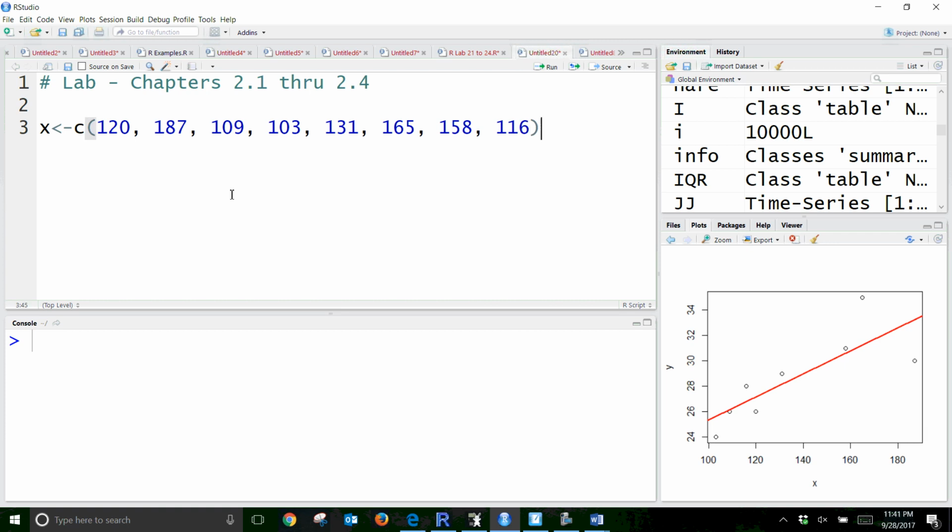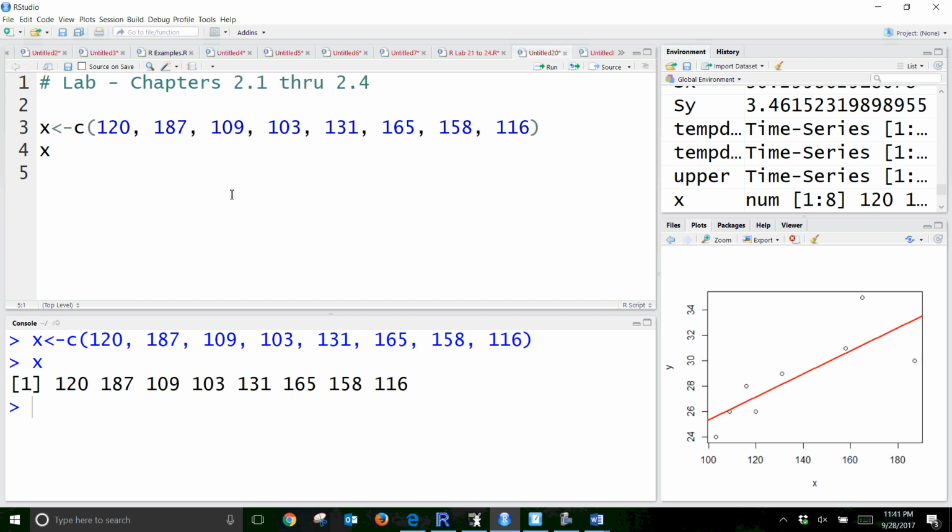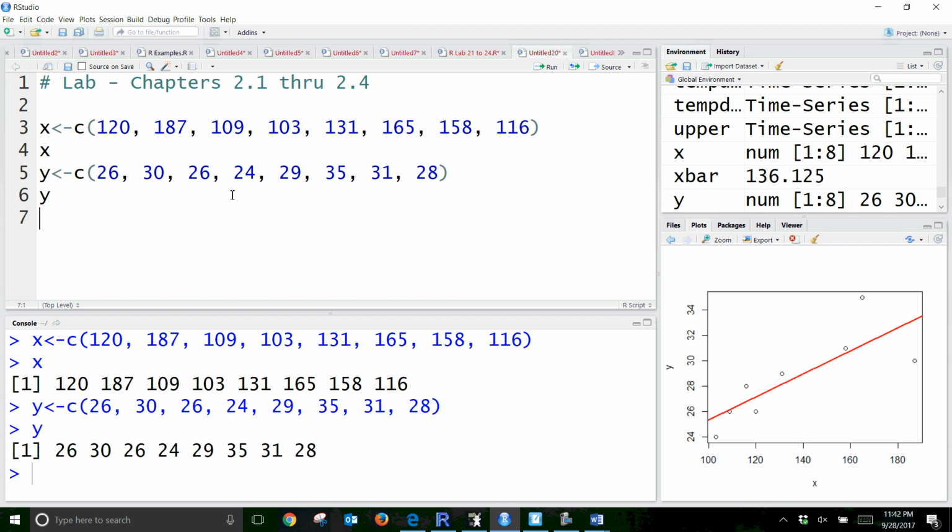Okay, go ahead and enter those in. And then next we'll put in our y for backpack weight. Okay, we'll go ahead and enter those in and take a look at those values.